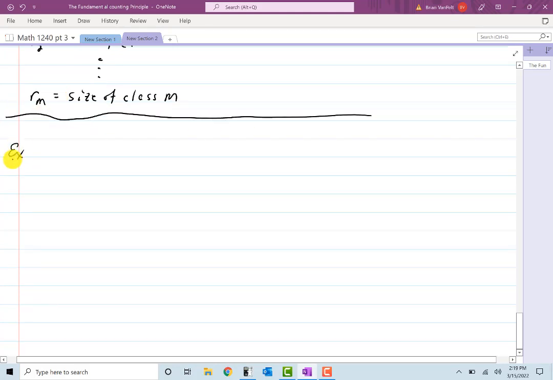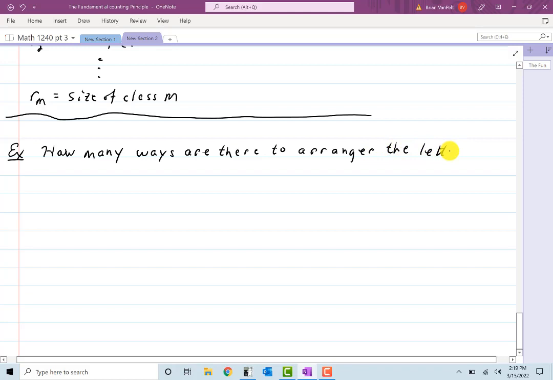As an example, how many ways are there to arrange the letters in ARRANGE?